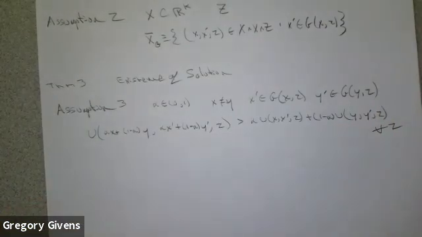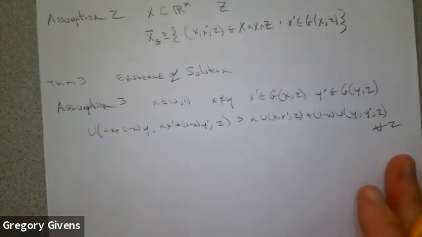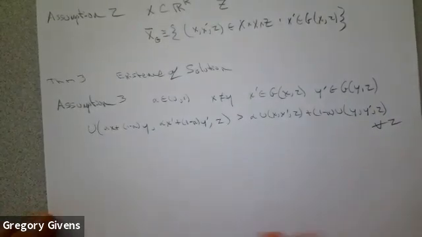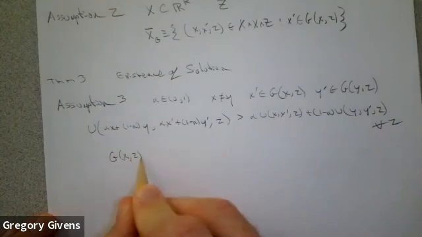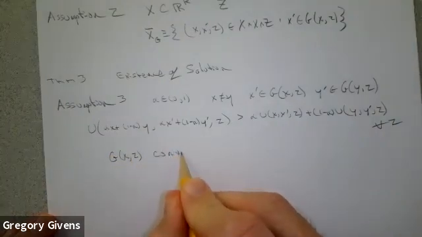So the payoff function needs to be concave. And Richard, what else did you say? No, there was one other condition in assumption 3. That the constraint set is convex. G of x, z must be convex.